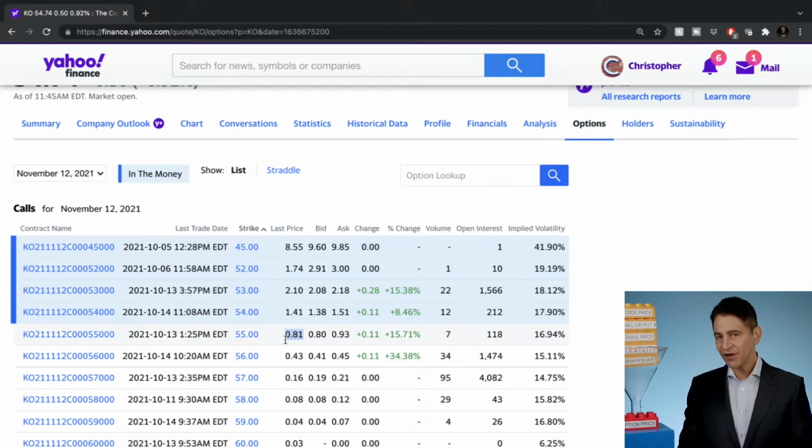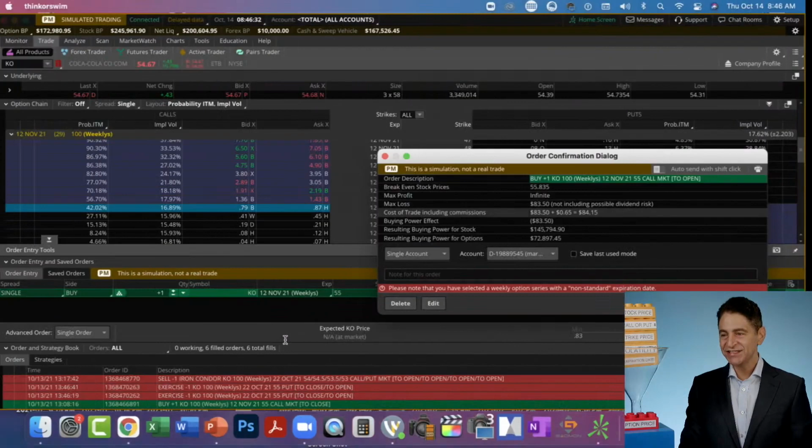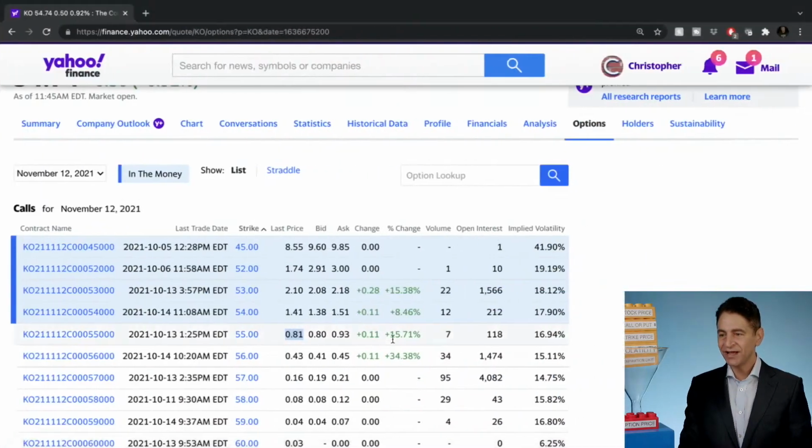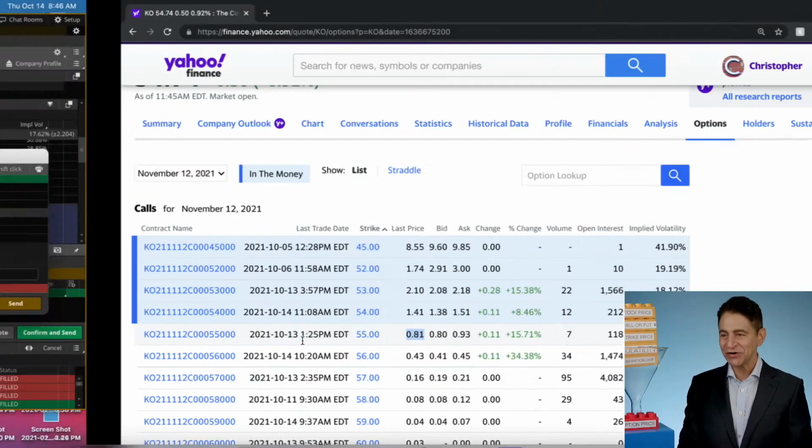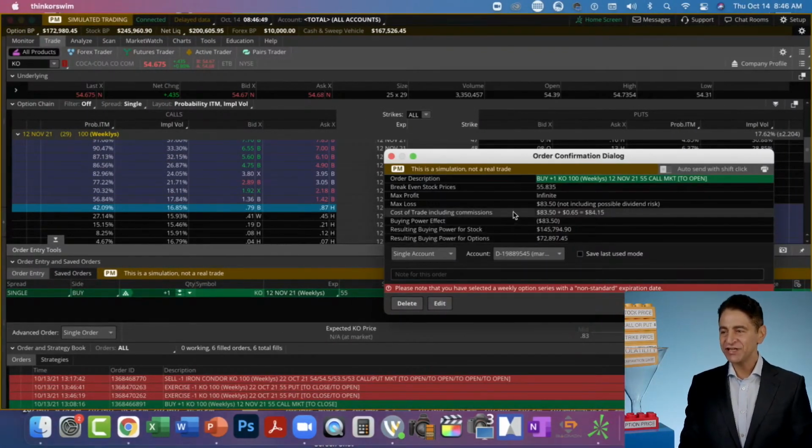So remember, you multiply it by 100 because you buy it in lots of 100. So 81 cents times 100 is $81, sorry. But right here it's $83.50 because I'm not getting the best price. So it's going to cost me $83.50 to buy this, plus commission.